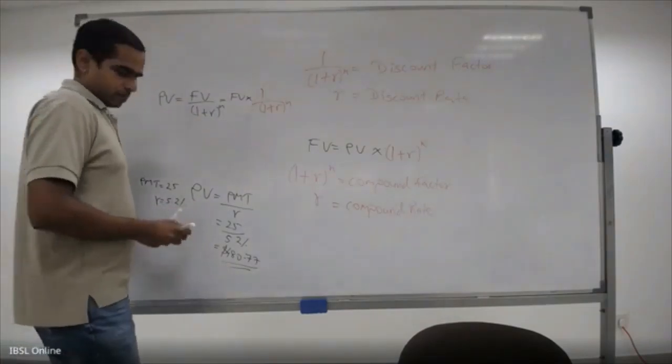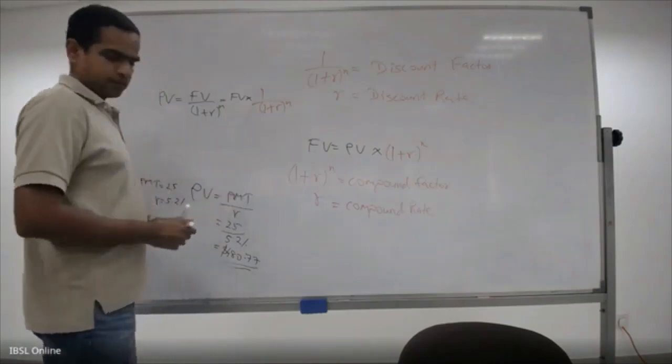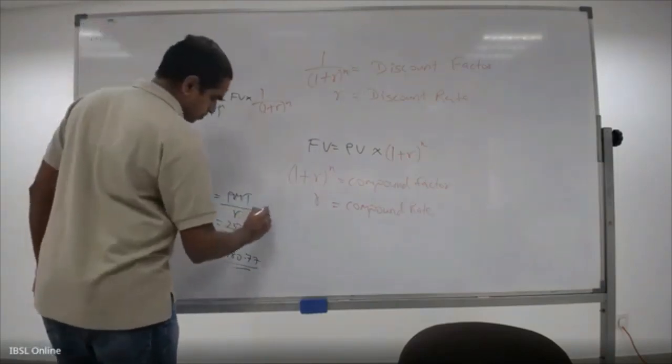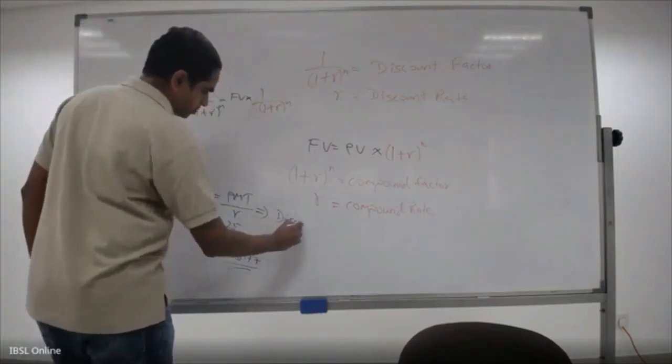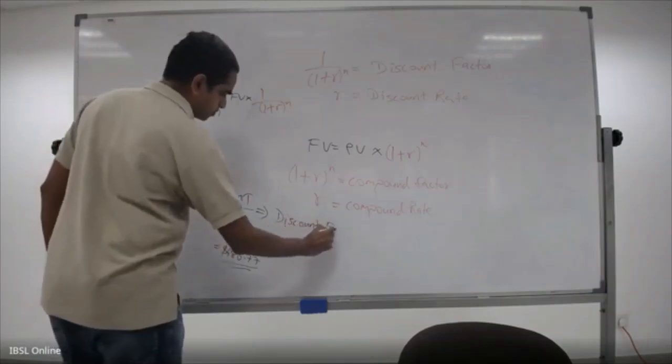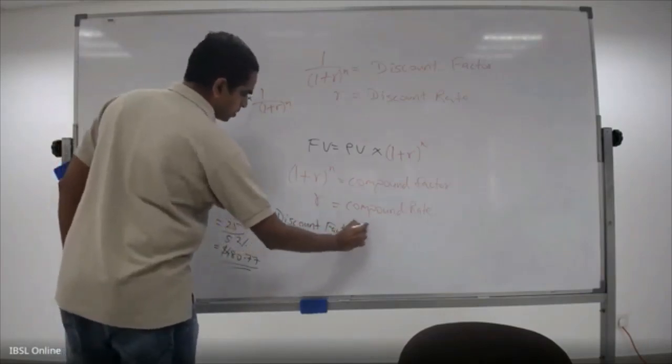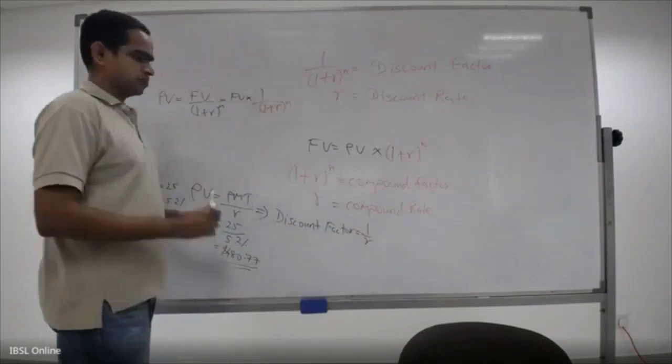So the present value of perpetuity discount factor is 1 over r.